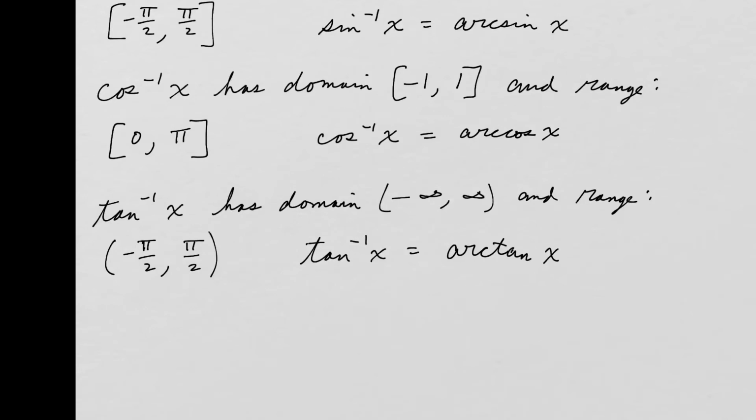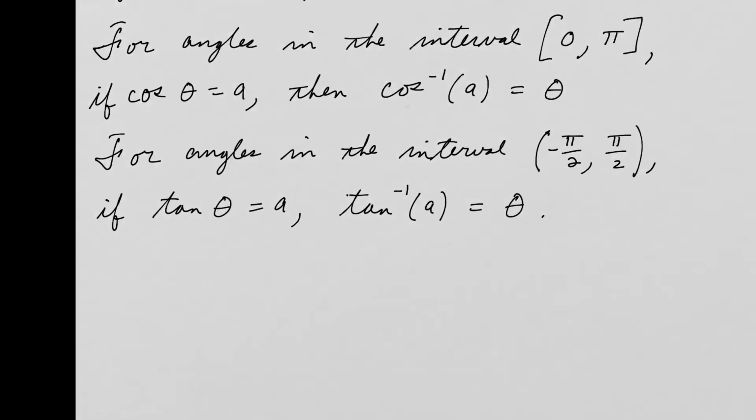Okay, now basically for what we need the inverse functions for, we could get more involved. I could do more involved questions, but I just want to focus on finding the unknown angles of right triangles. So if you think about it, let me go back to the pictures in the beginning.